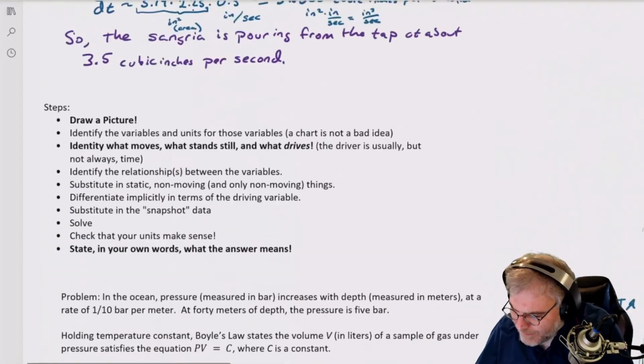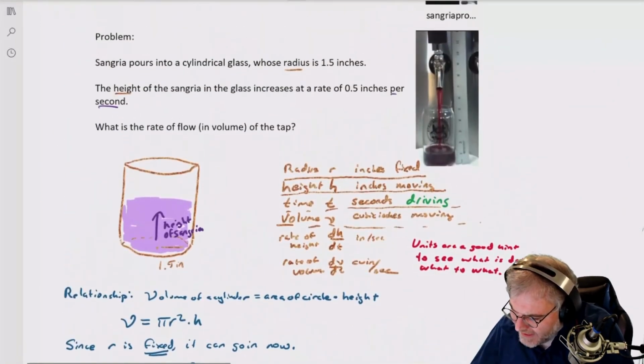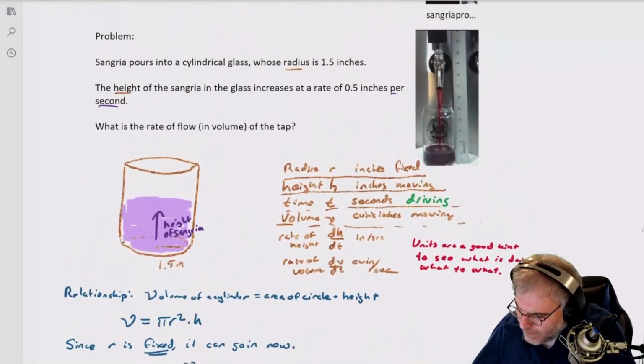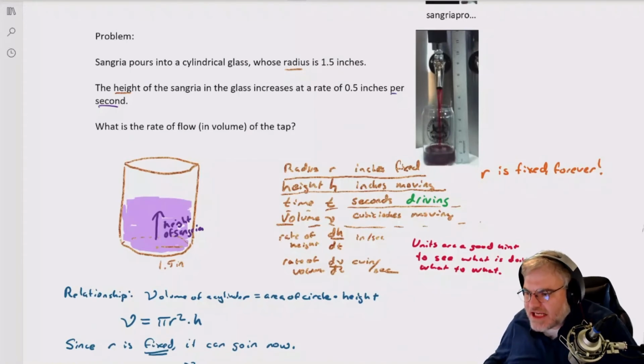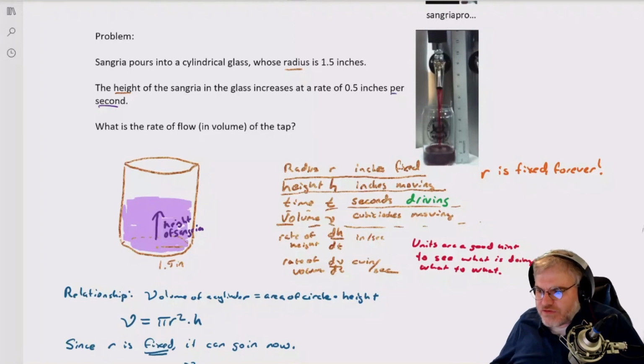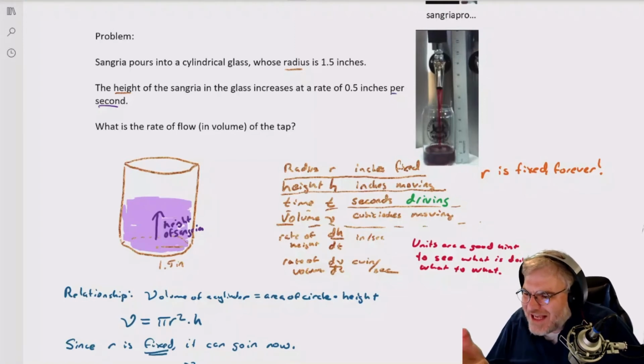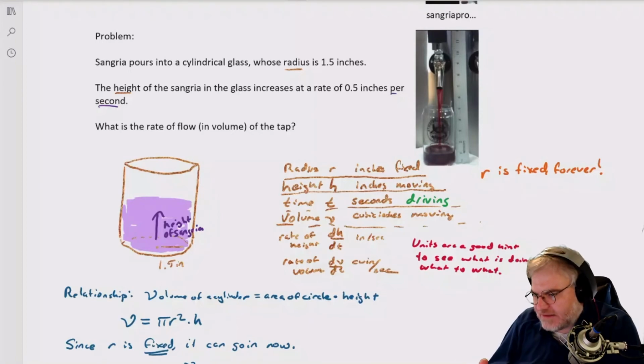That's different than up here, where R is fixed forever. It doesn't change during the problem. It's not a moving thing. It's always 1.5 inches. So there's a difference between things that are fixed and things that are snapshotted.